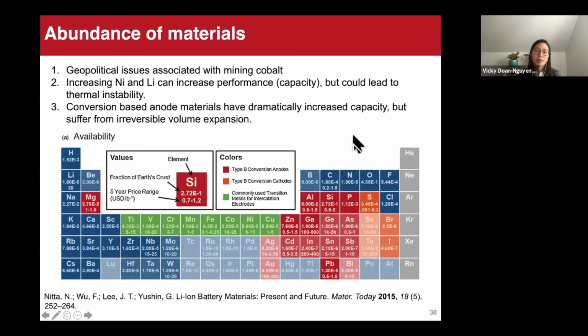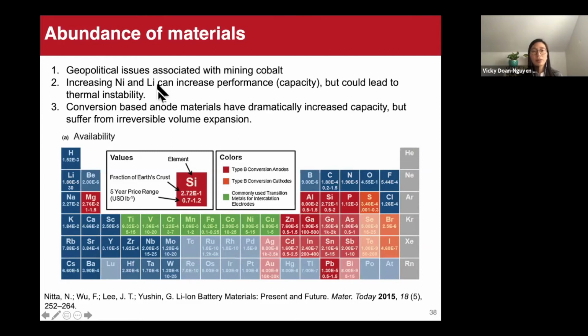In terms of abundance of materials, one of the reasons why people are looking to substitute cobalt with other transition metals is because there are certain geopolitical issues associated with mining cobalt and where these mines are located. And you can see here the cost of cobalt. Here, the 5-year price range in US dollars per pound for cobalt is higher than that of, let's say, manganese, and also some nickel.